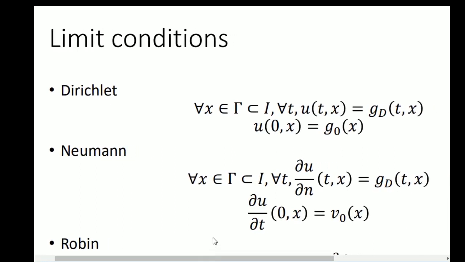So usually we talk about the condition of Dirichlet. I'm not sure about how it should be pronounced. So we define a small area inside the space in which x is defined. So usually the boundaries, but it can also be any area in the middle.